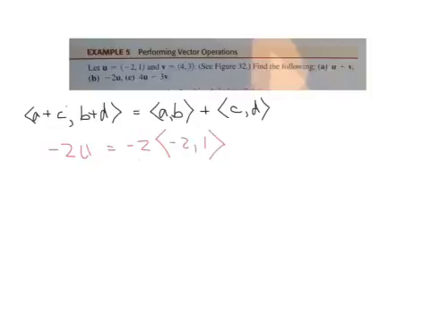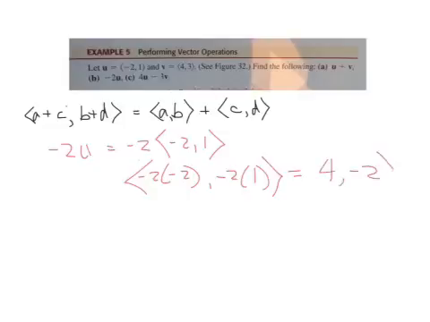That's my u. And when I take that, I'm going to distribute that -2. So I'm going to get -2 times -2, and then I'm going to get -2 times +1. So -2u is going to be 4, -2. And don't forget to put these on there, showing a vector rather than the round ones.